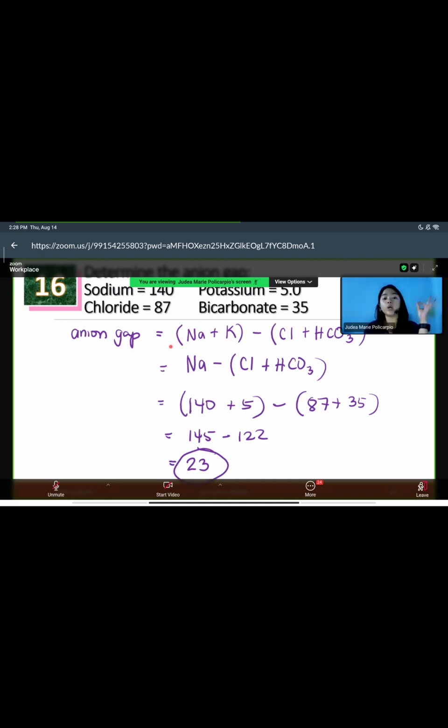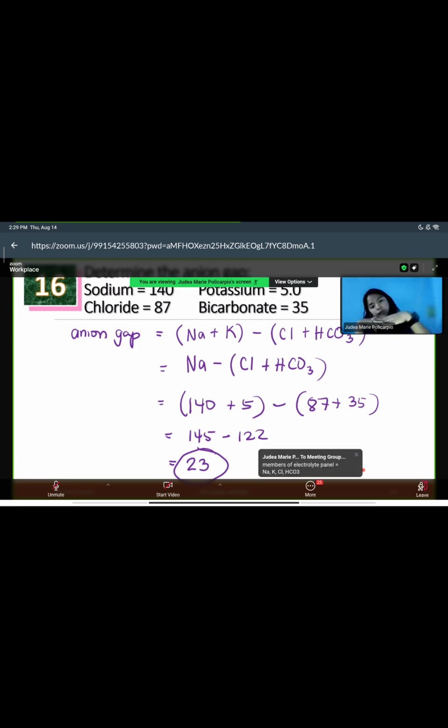And pangatlo, wag kakalimutan ha, pangatlong bagay pagdating sa anion gap. The members of the anion gap are actually the members of the electrolyte panel natin, which happens to be a recall question. Recall question, sino-sino daw yung mga miyembro ng electrolyte panel?